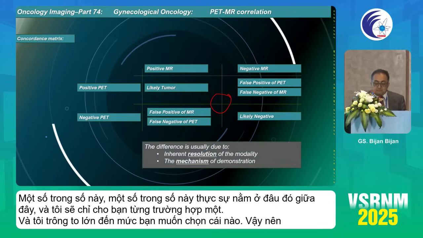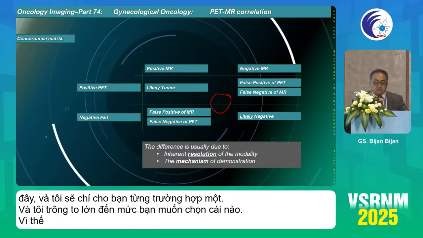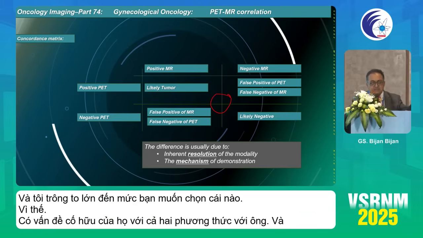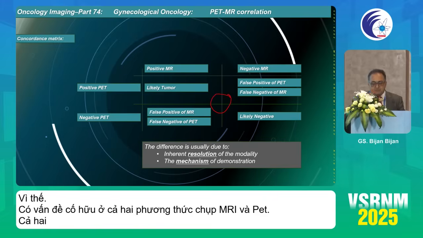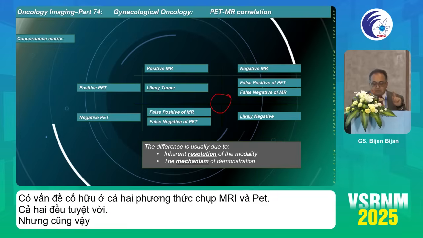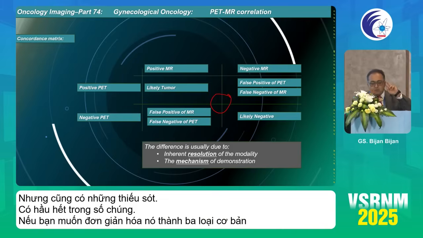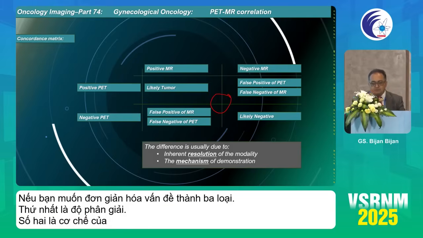So there are inherent problems with both modalities, MR and PET. Both of them are excellent, but there are also shortcomings. If you want to simplify it into two categories of problems, number one is resolution, number two is the mechanism of demonstration of abnormality.